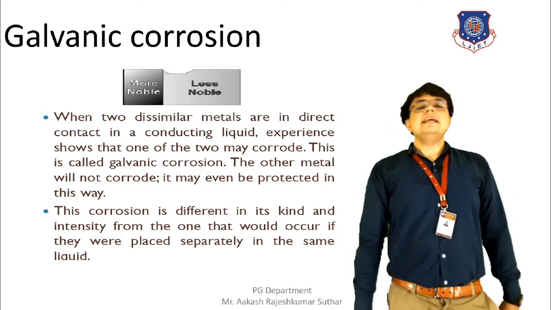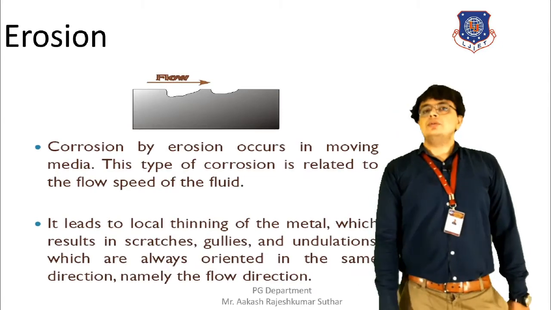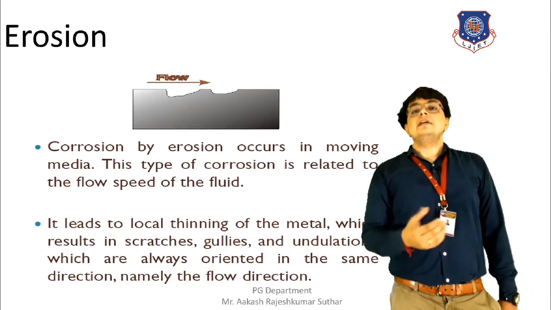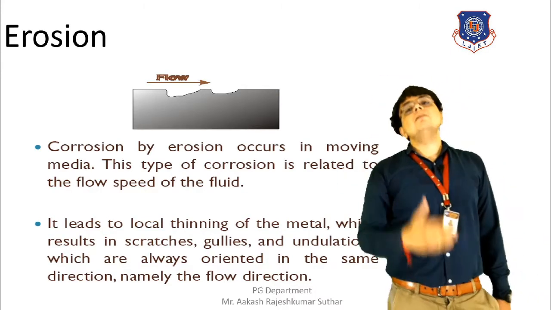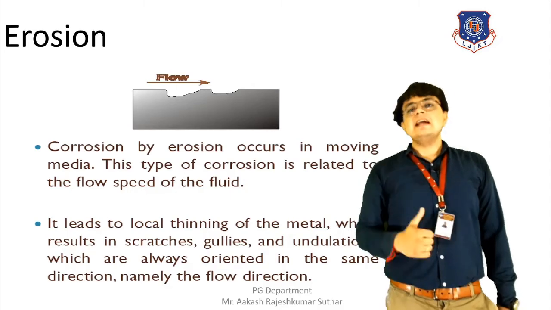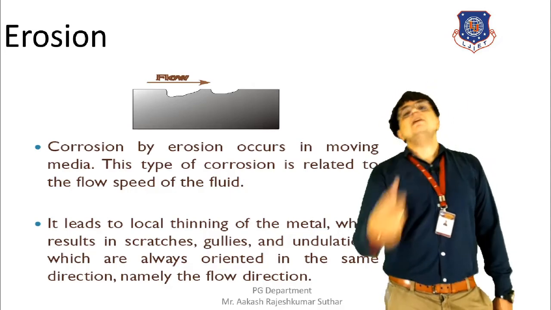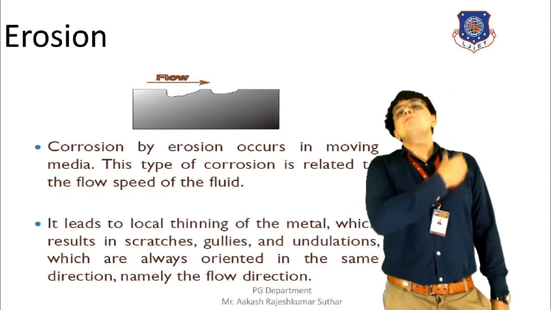Moving towards the next type of corrosion, that is erosion. So when corrosion is mainly taking place because of some moving media, moving media can be wind, the flow of a river, or the flow of water through pipes.